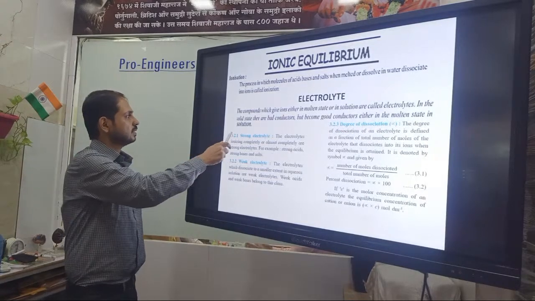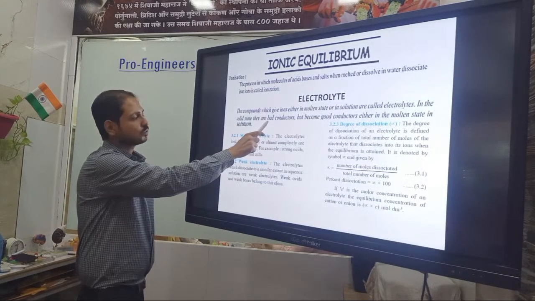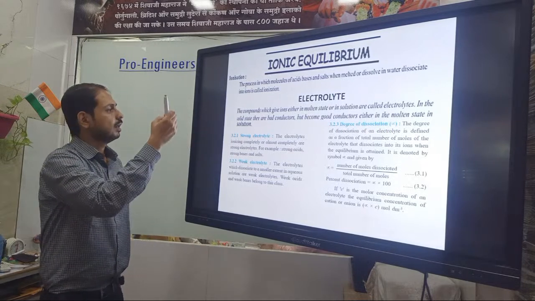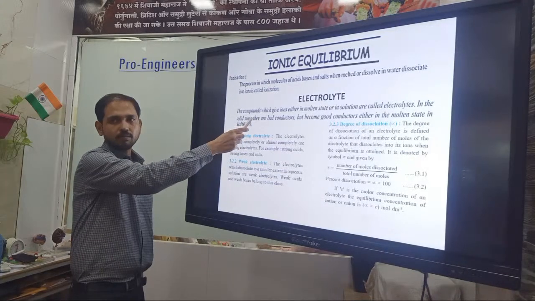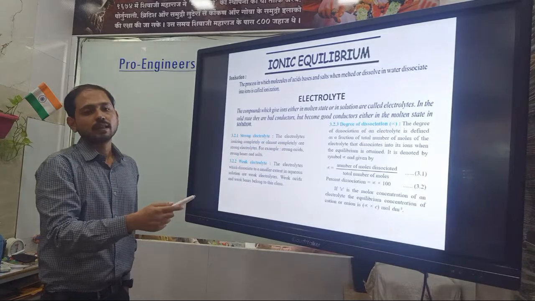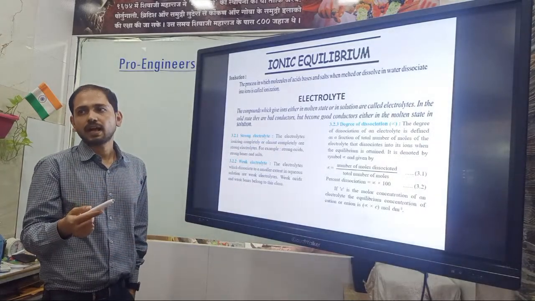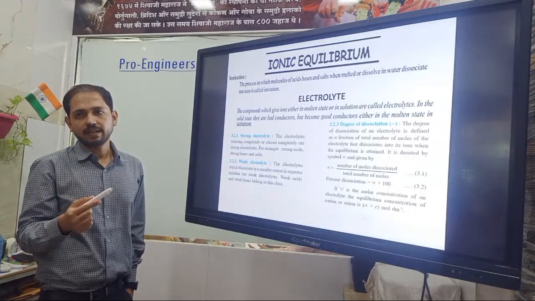In the solid state they are bad conductors. Solid sodium chloride or any other salts or acids are poor conductors of electricity. But when we dissolve them in solution, they ionize and produce ions. These ions actually help to conduct electricity.